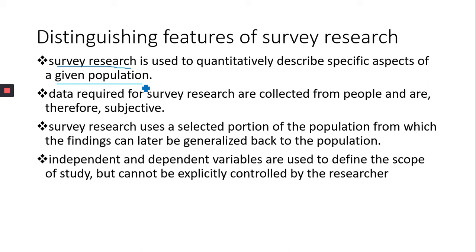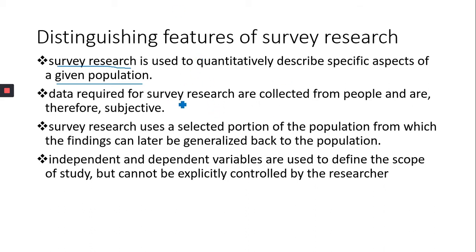It can be anything basically. When we talk of a population, we are not just defining population in the context of human beings. It can be a population of animals, any group of elements that are of interest.